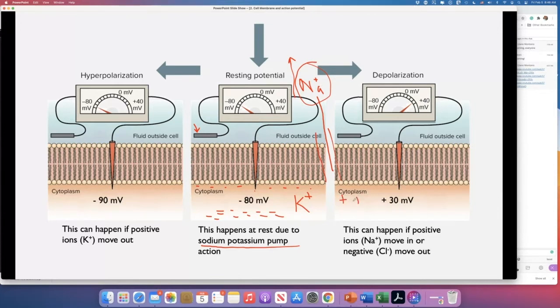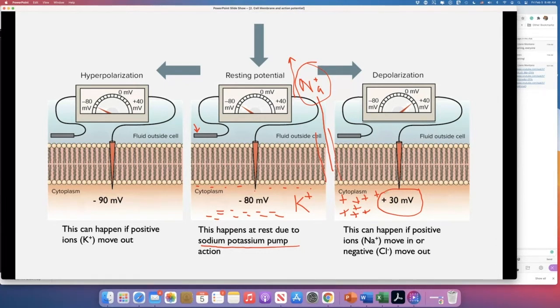So we are going to add lots of positive charges to the inside of the cell, and notice how the membrane potential becomes positive. Now there are more positive charges inside than outside. There is a positive 30 millivolts difference in potential. Now, we are not going to stay like this forever.